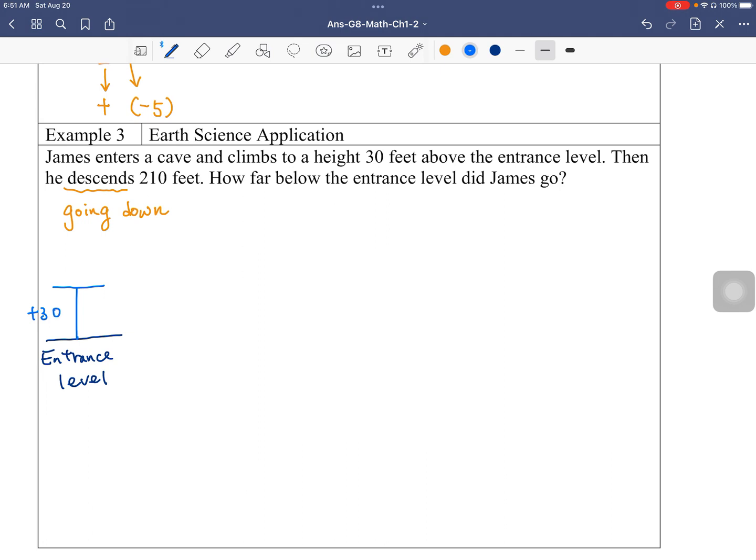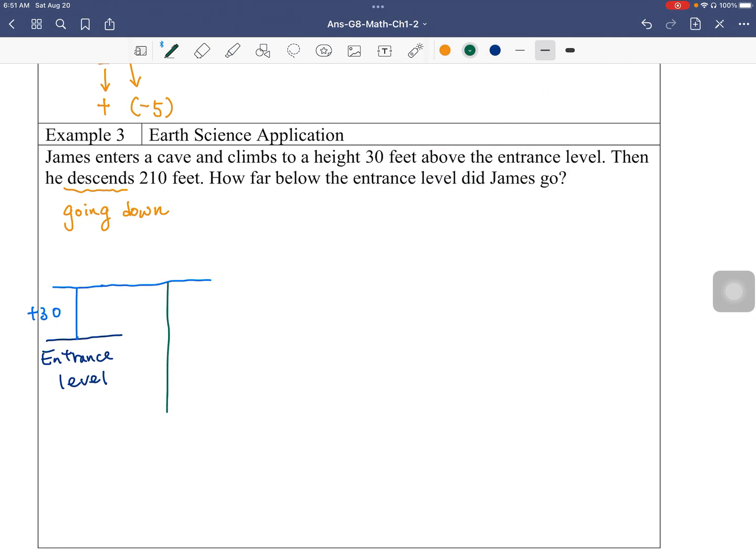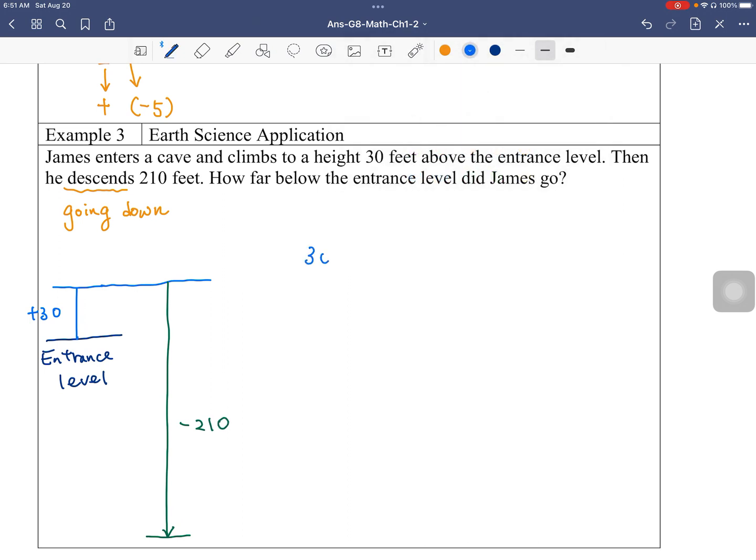And then I descend 210 feet. So here I have 30 feet plus negative 210 feet because I descend 210 feet. So this is negative 180.